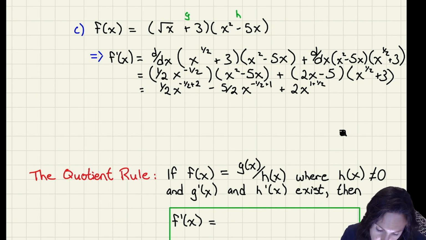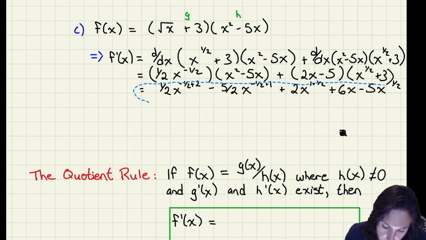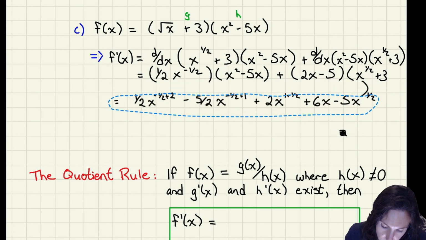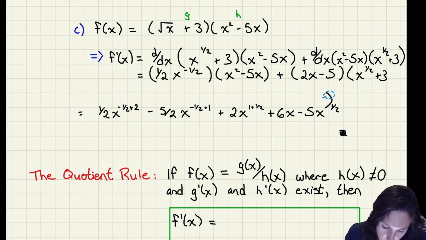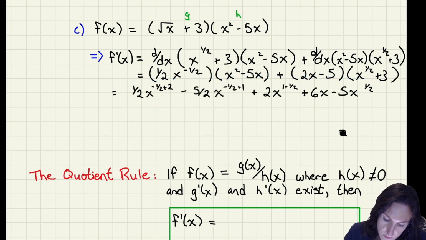And then we're going to have plus 2 times 3, so 6x, minus 5, x to the 1/2. And now I have to go to the next line, or I can maybe move this over. Minus 15.